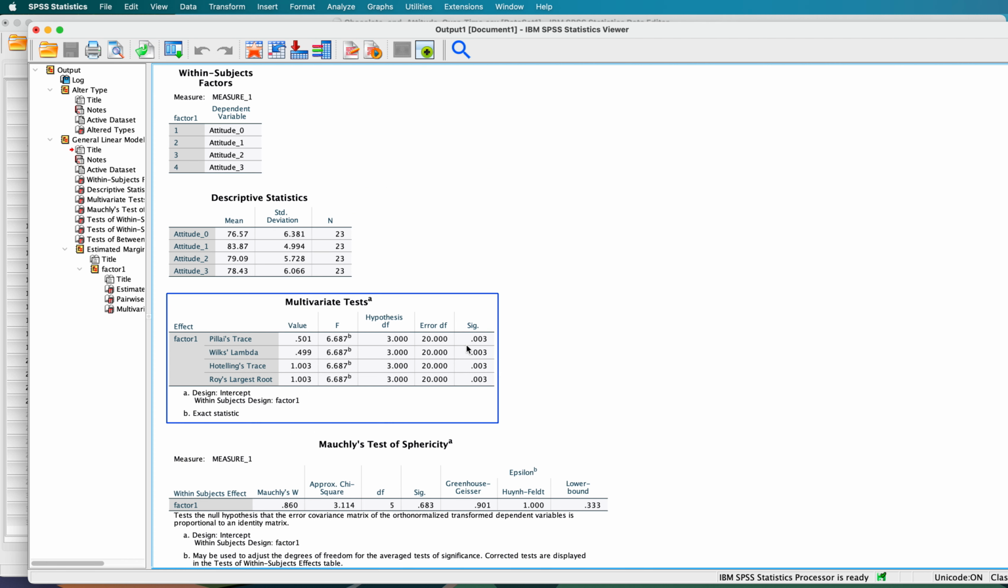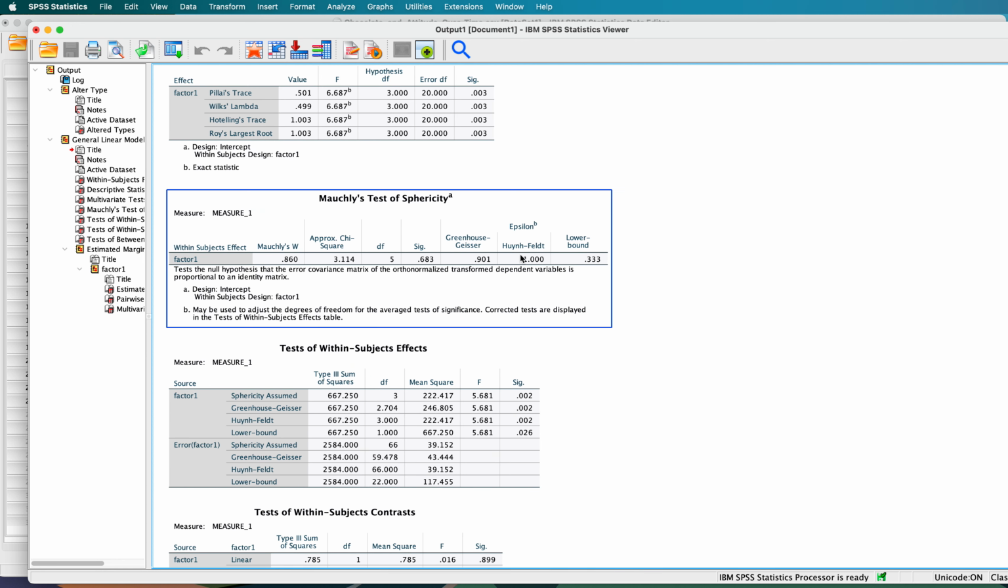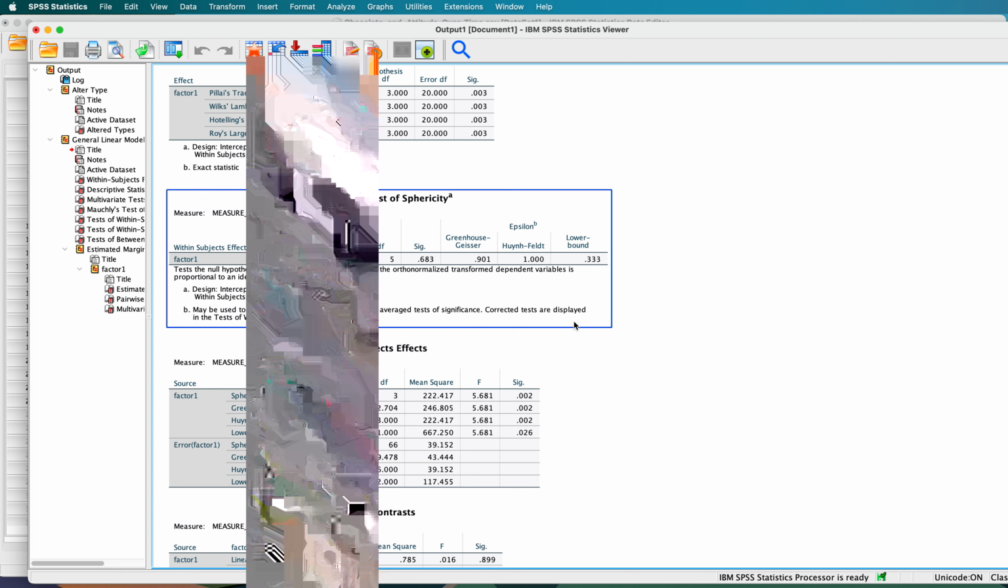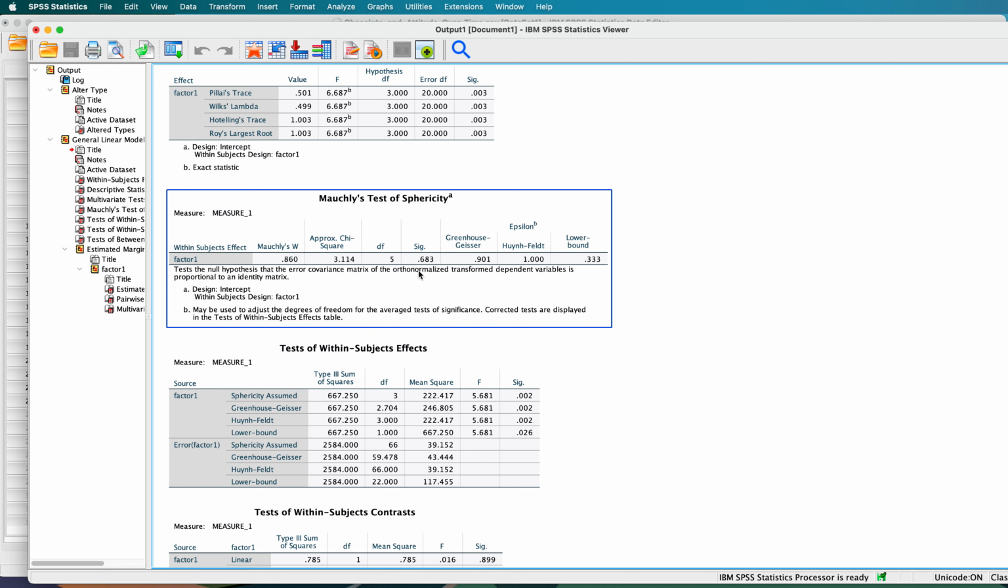If this value is greater than 0.05, then the condition of using the ANOVA test is met, and this is 0.683, which is greater, so we have met our criteria.